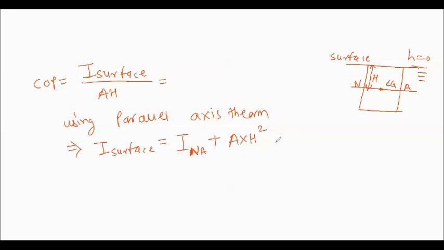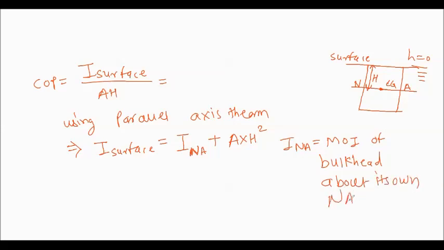I am repeating, INA is the moment of inertia of a bulkhead about its own neutral axis, that is called as the INA, and neutral axis is the axis passing through the centroid of the bulkhead, that is your INA, plus AH square.